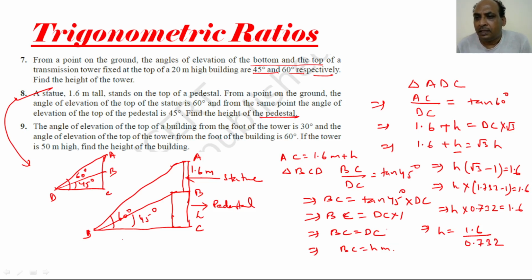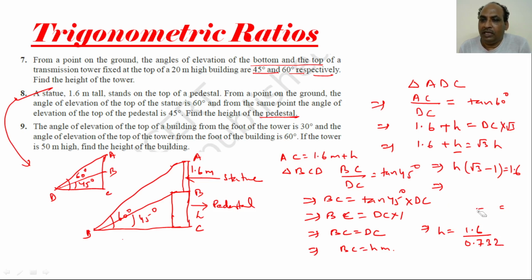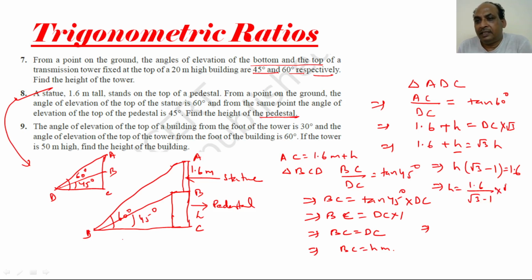Even if we want, we can also write in that fashion. Let me tell you, by rationalizing, because if we are going for more division and other things, this we can also do, there is no problem, but I will tell you in rationalized fashion. So H is equal to 1.6 by root 3 minus 1. We will rationalize it by multiplying with root 3 plus 1 by root 3 plus 1.